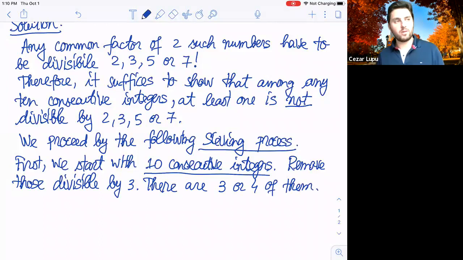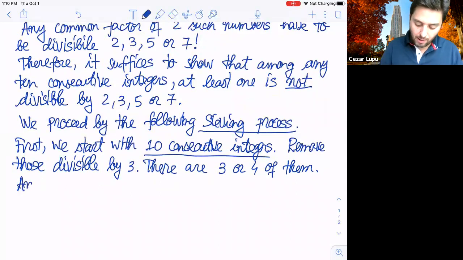Just think of the numbers 1 through 10. Divisible by 3, how many of them are there? Like 3, 6, 9. So three of them.